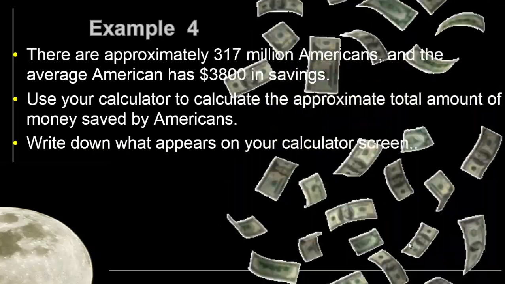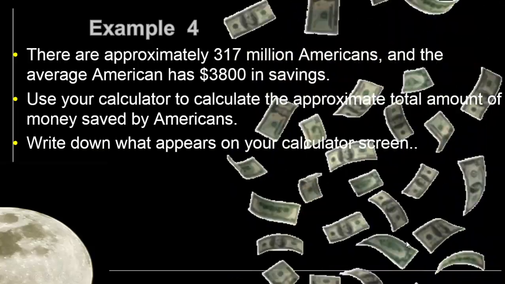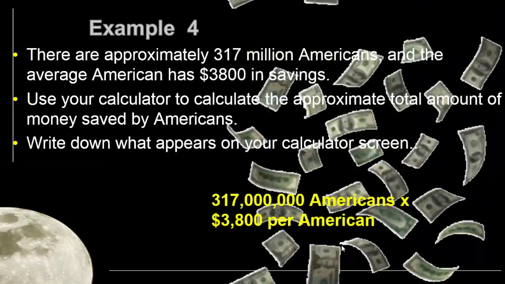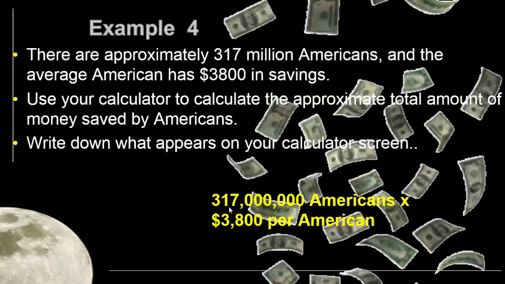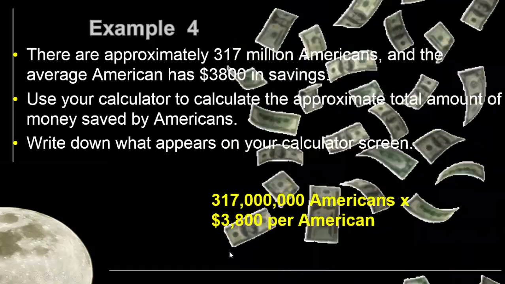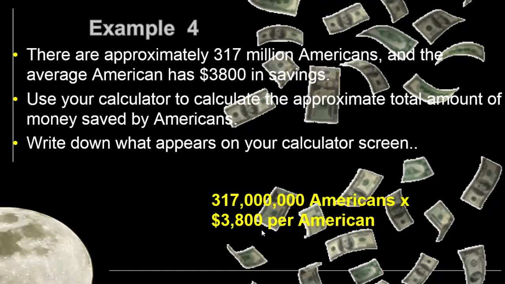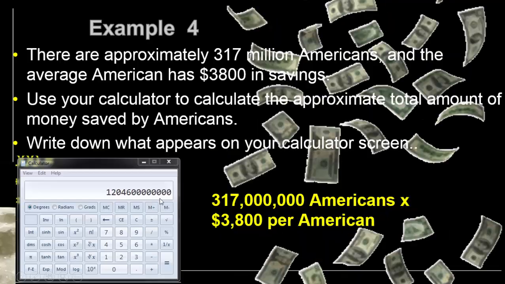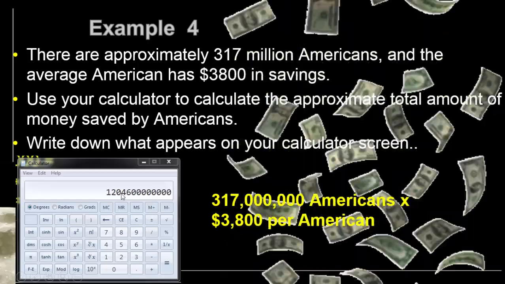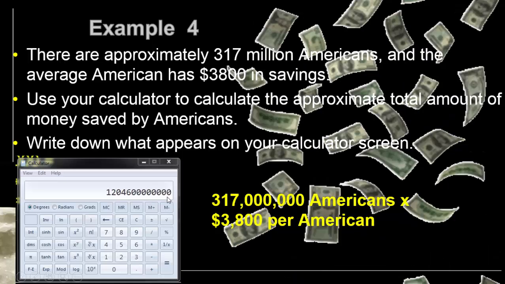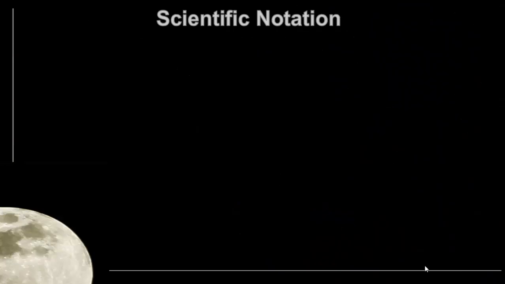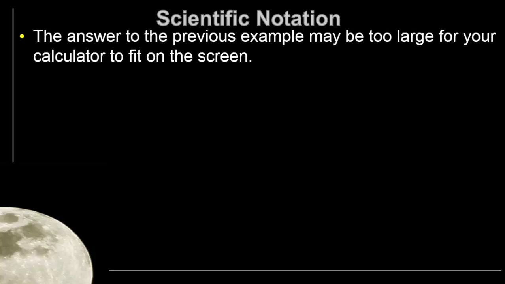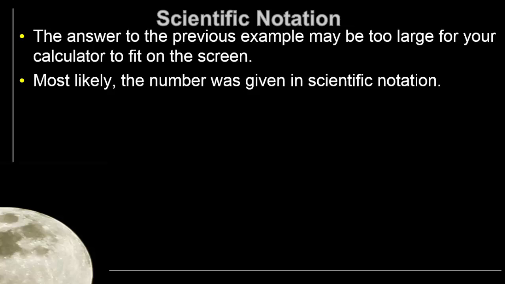So let's plug in the numbers: 317 million Americans times $3,800 per American. My calculator gives me this big, long number with no commas, and it's really difficult to read. On some calculators, the number is too large to even show up on the screen, and in this case, the number may be given in scientific notation.